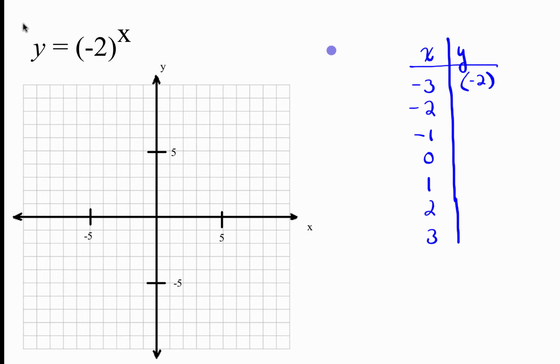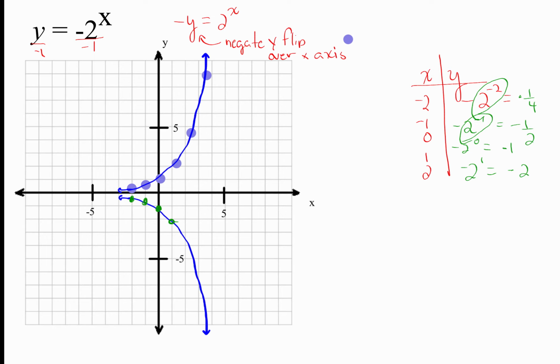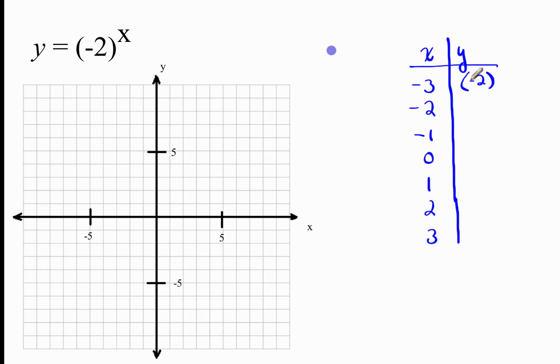Not like before where it said take the number 2 and then negate your answer. This says take the number -2 and raise it to the -3rd power.